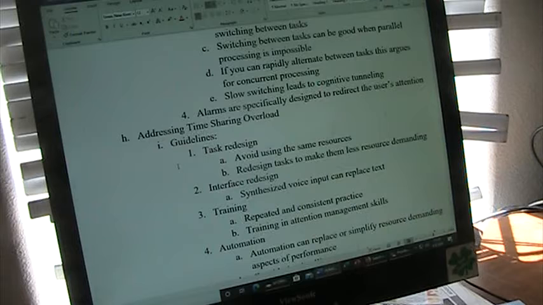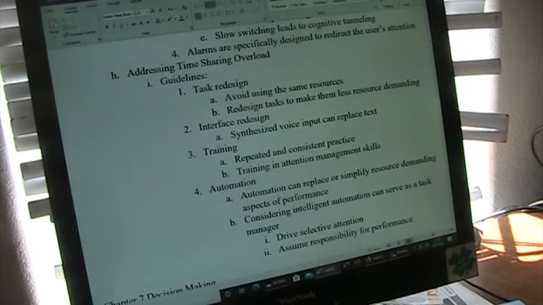All right. So let's address what we do when there's a time-sharing overload. Our guidelines are, first of all, redesign the task. If we can get out of using the same resources and redesign the tasks to make them less resource demanding, then we're going to improve the cognition about that task.